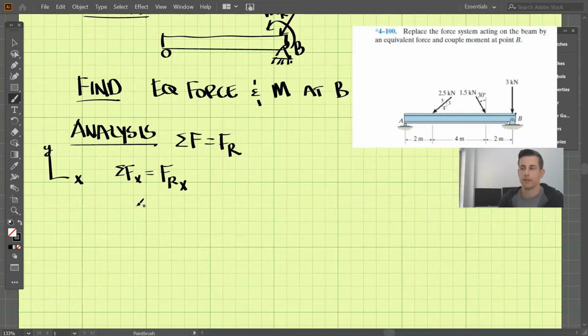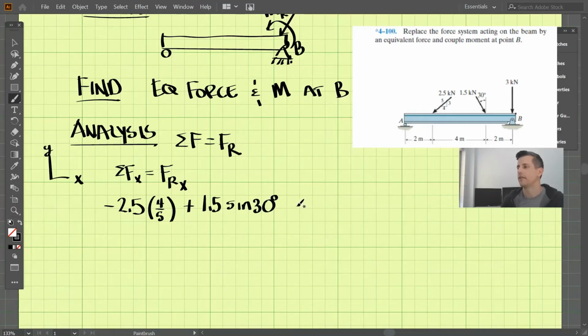Starting with the 2.5 kilonewton force, the component in the x direction is actually negative, so negative 2.5. As we see, the horizontal component there is 4 and the hypotenuse is 5. Moving on to the 1.5 kilonewtons, we need the component of that, and that looks like it's going to be the sine of 30 degrees.